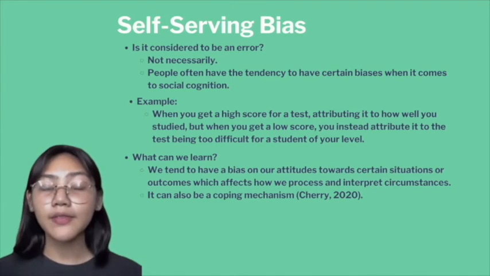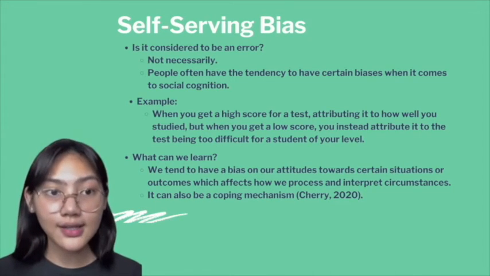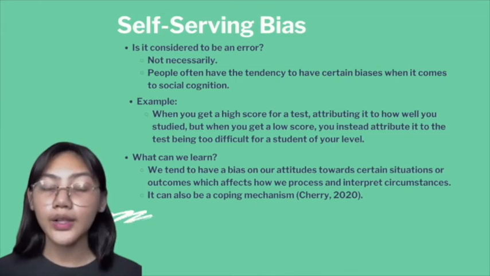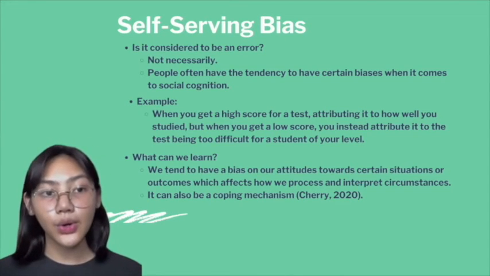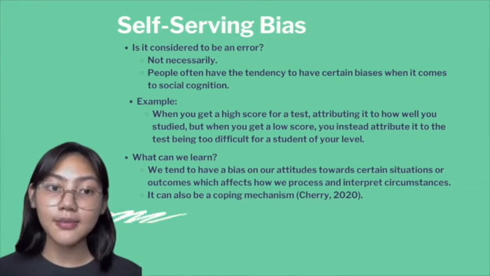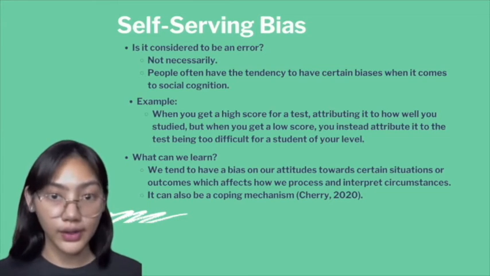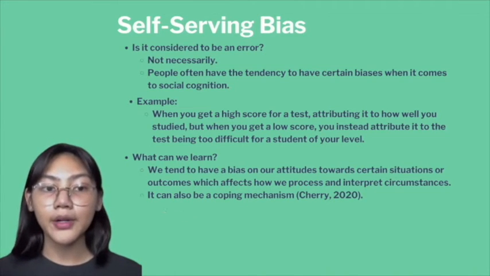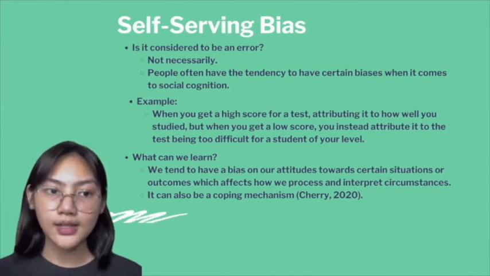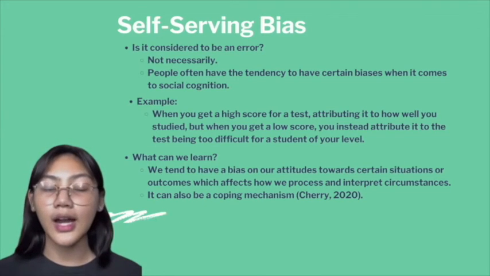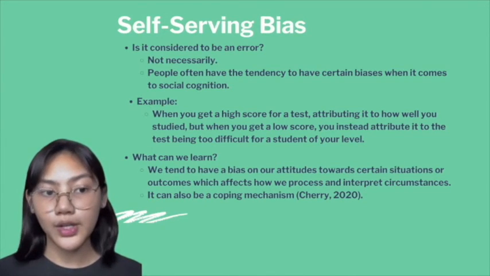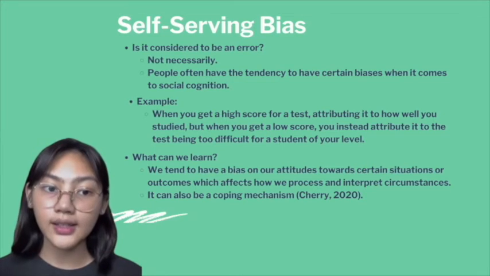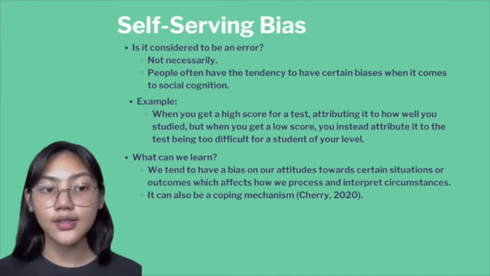An example of this is when you get a high score on a test, attributing it to how well you studied, but when you get a low score, you instead attribute it to the test being too difficult for a student of your level. This example perfectly illustrates self-serving bias because we tend to have a bias in our attitudes towards certain situations or outcomes which affects how we process and interpret circumstances.